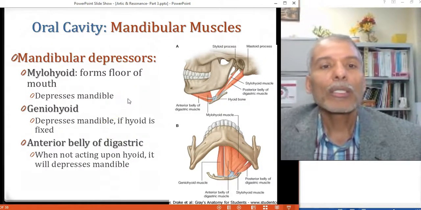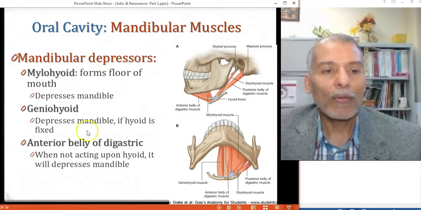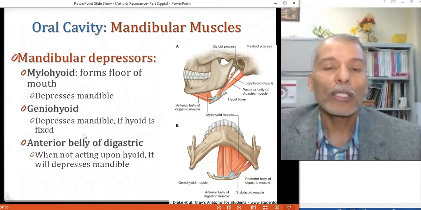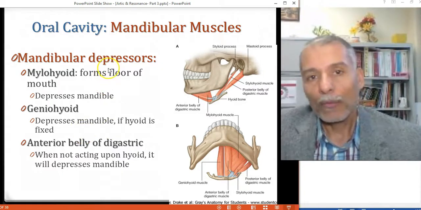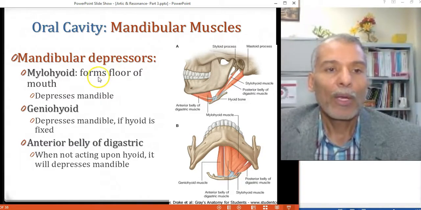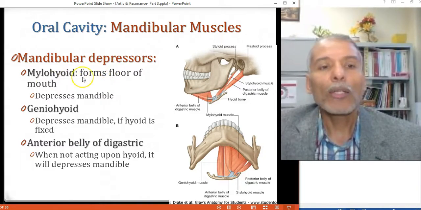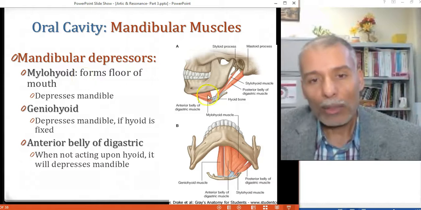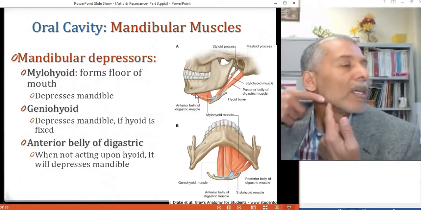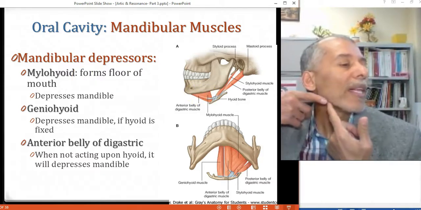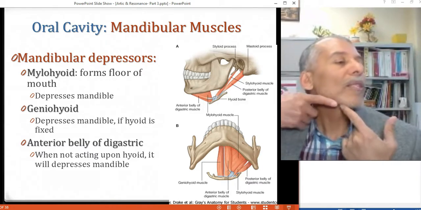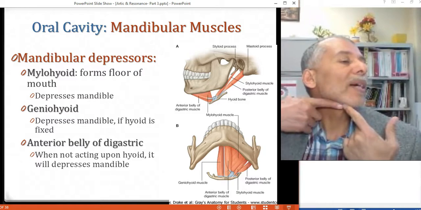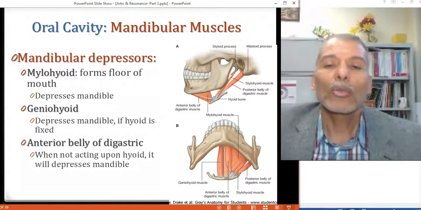The depressors, we discussed all of this before in the context of the muscles of phonation. So the mylohyoid originates on the inferior lateral margins of the body of the jaw here, and then it courses medially and slightly down to insert onto the hyoid bone.